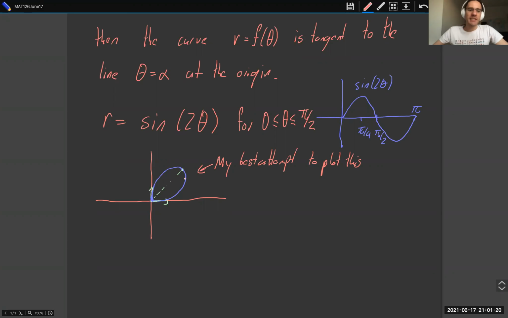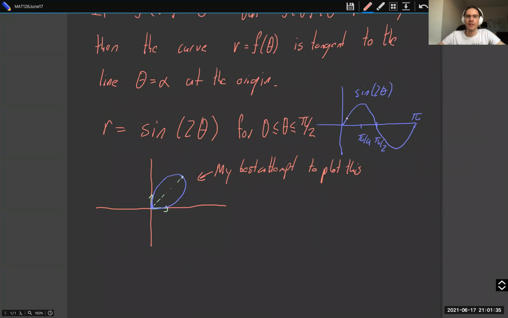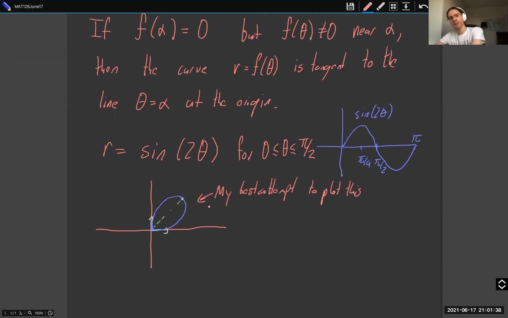So does everyone see how the radius is biggest at angle pi over 4? Any questions about this plot?